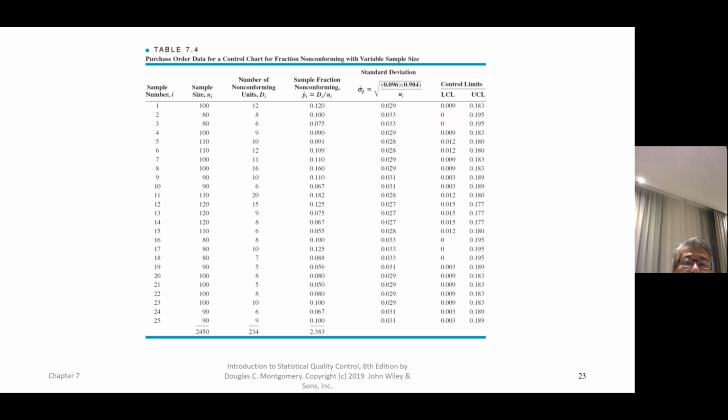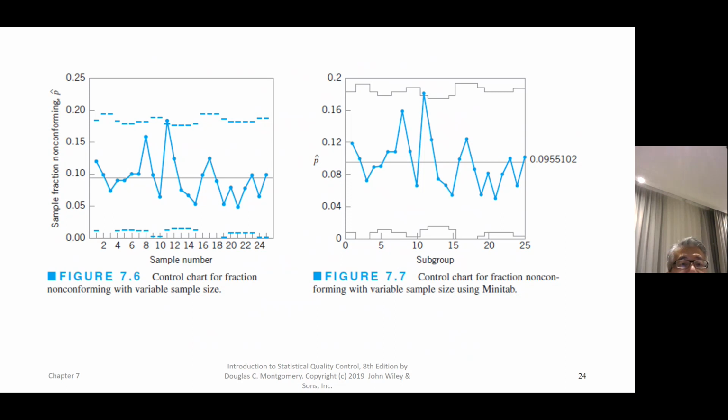Sometimes the lower limit is less than 0, and we just force it to zero. On the left you can see the control chart for fraction non-conforming with a variable sample size, seesawing up and down with the standard deviation. This is the control chart using Minitab, and the same pattern is exhibited when time-varying sample sizes are utilized.